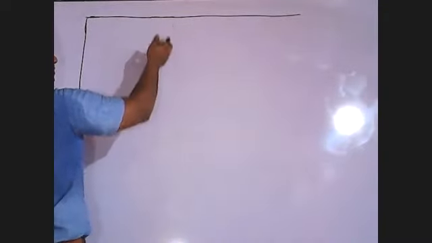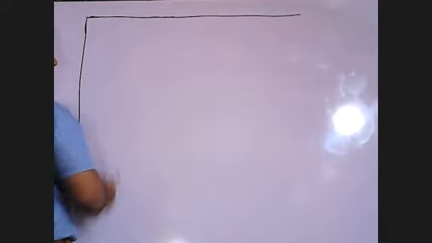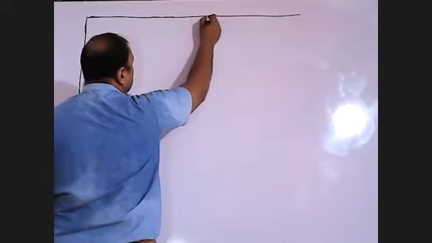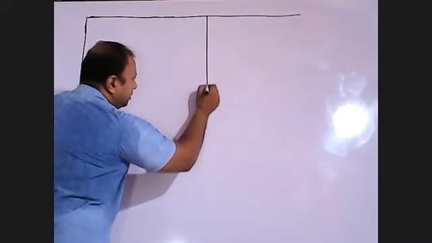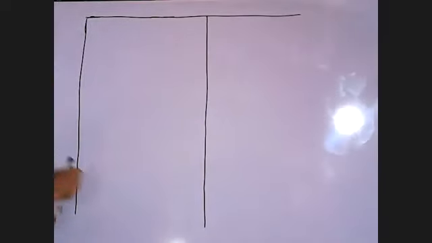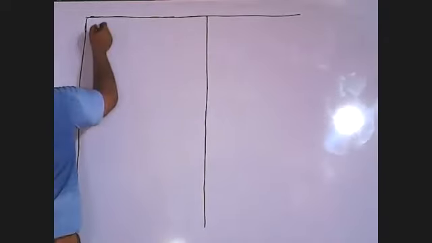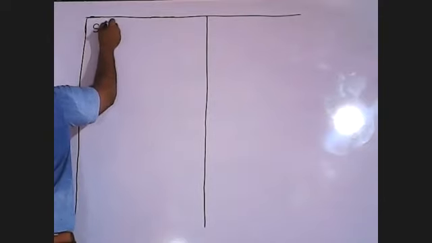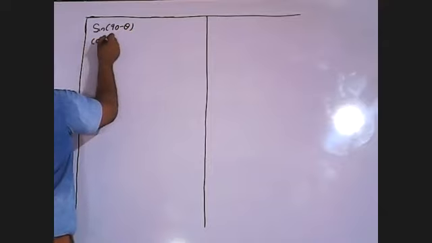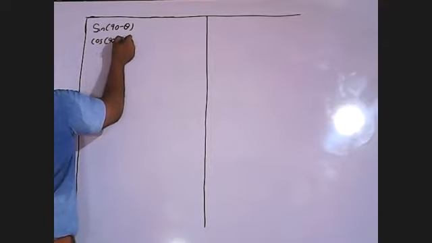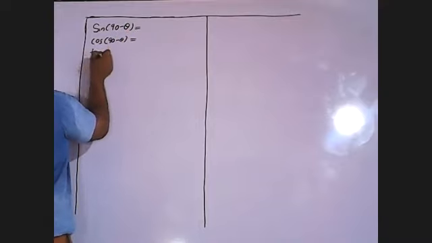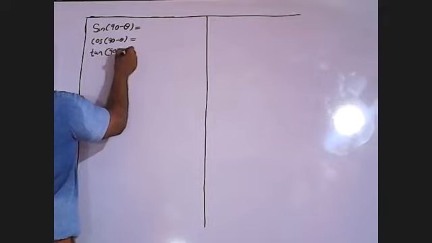Here, I will write odd multiplication here and even multiplication here. The first one: sine 90 minus theta, cos 90 minus theta, and tan 90 minus theta.